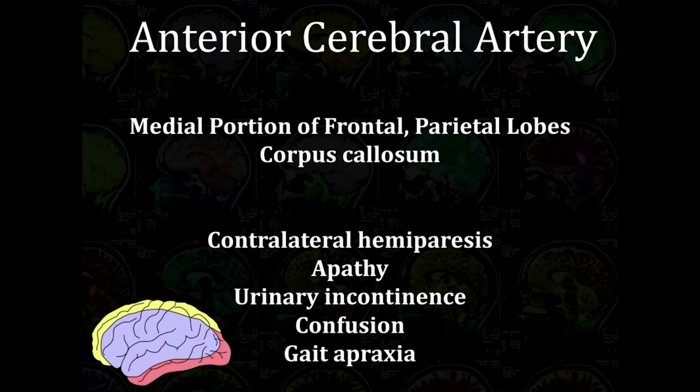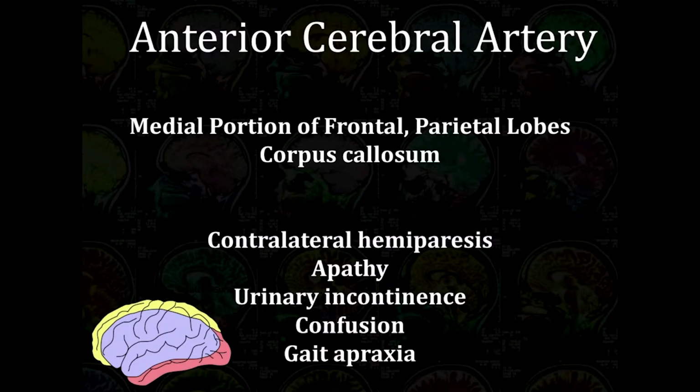When we focus on the vessels that encompass the anterior surface of the brain, that is, again, the anterior cerebral artery. And then we're going to focus on the middle cerebral artery. The anterior cerebral artery is all about the medial portion of the frontal and parietal lobes and what's called the corpus callosum.